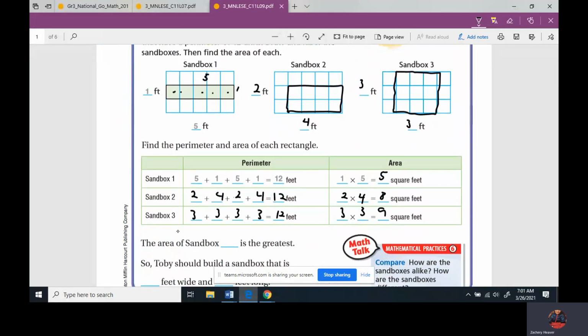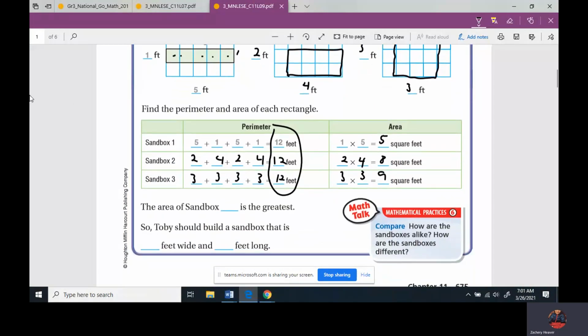And the first one is 5. So look, the perimeter stayed the same, but the area got bigger. We were allowed to spread it out and create more space inside by using the same amount of sticks. So the area of sandbox 3 is the greatest. So Toby should build a sandbox that is 3 feet wide and 3 feet long.